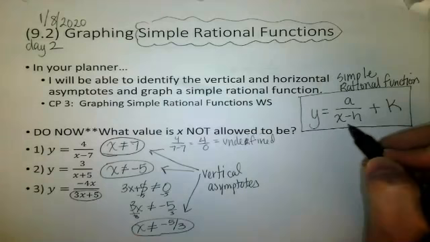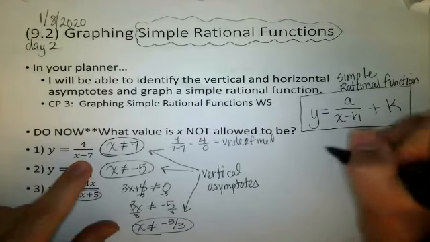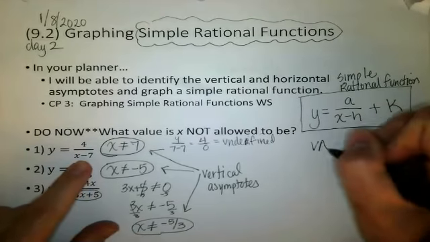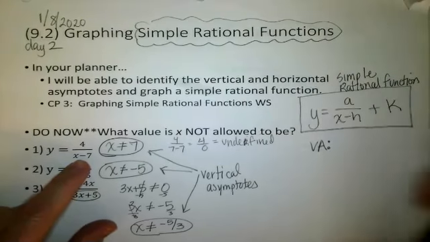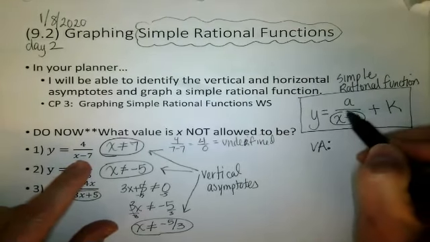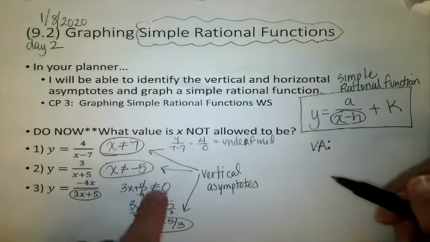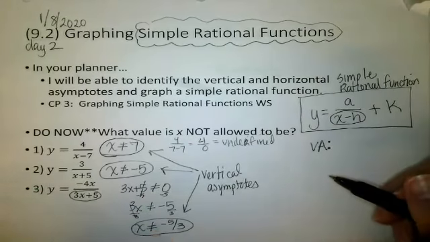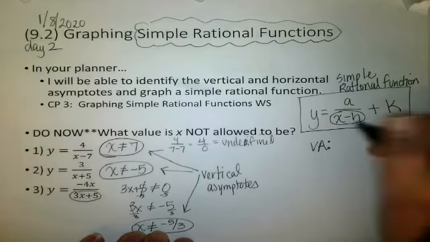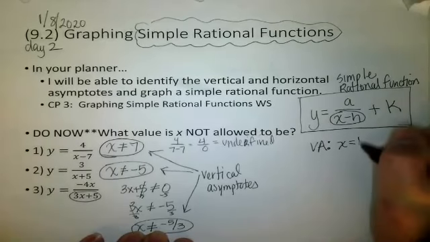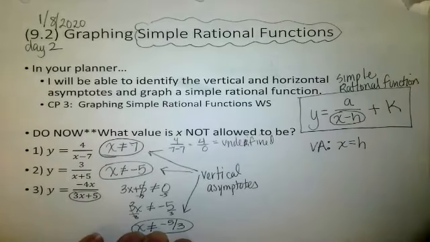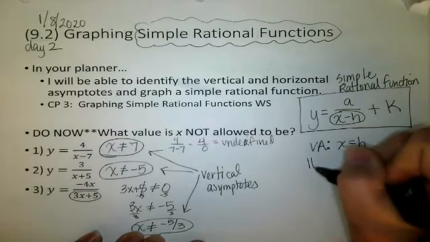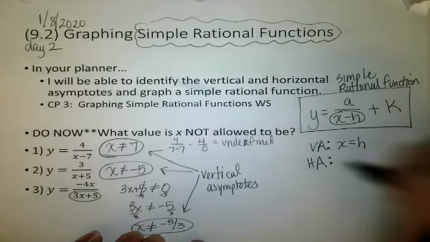From the denominator, just like we did here, we're actually going to get what we call the vertical asymptote, and I abbreviate it VA. Vertical asymptote always comes from that denominator, and we basically do the same thing we've done here. Our vertical asymptote in this case is x equals h, whatever that number is in the denominator there. And the nice thing about this is we also are going to have a horizontal asymptote.